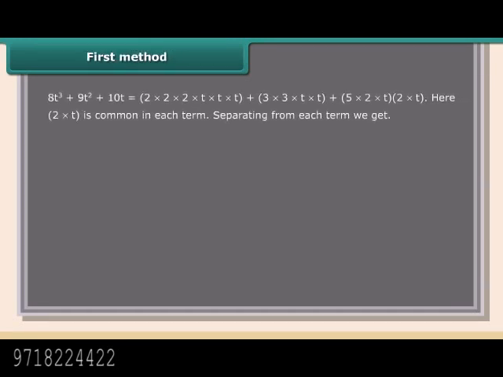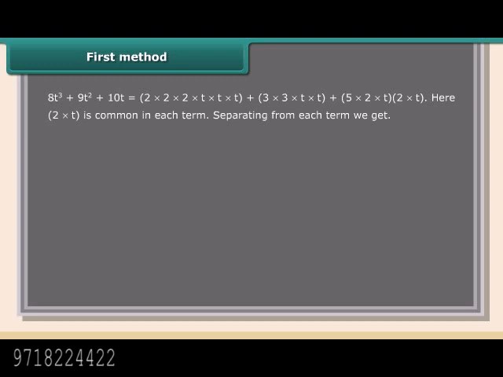First method. 8t cubed plus 9t squared plus 10t is equal to 2 into 2 into 2 into t into t into t plus 3 into 3 into t into t plus 5 into 2 into t. Here 2 into t is common in each term.